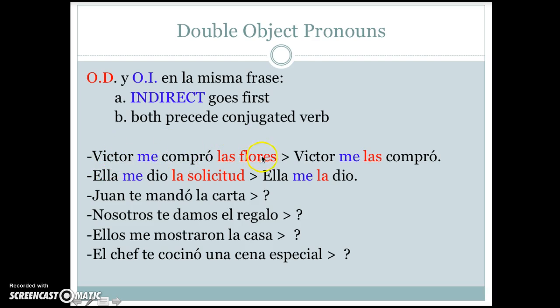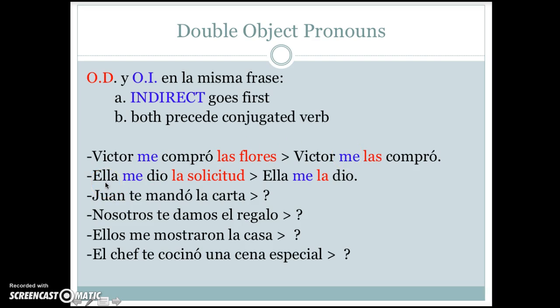Victor bought the flowers for who? For me. If we want to change that to Victor bought them for me, meaning the flowers, then we need to use our word order indirecto, directo, verbo. He bought what? Direct object, las flores. For who? For me, indirect object.